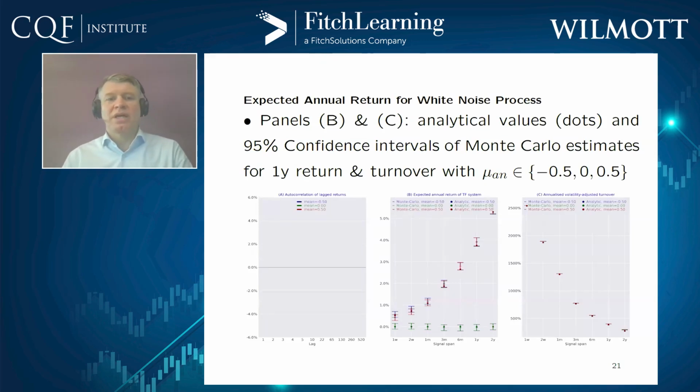In panel A, I show autocorrelation. There is no autocorrelation, so all the driver of return is drift. These dots are analytical formulas and bars are Monte Carlo estimates. And these are turnover estimates. So we see our formula works very well, right? It reproduces the results that we get from Monte Carlo.